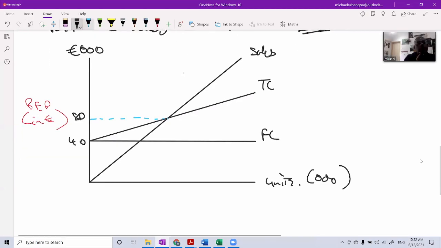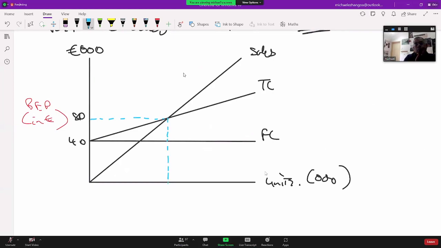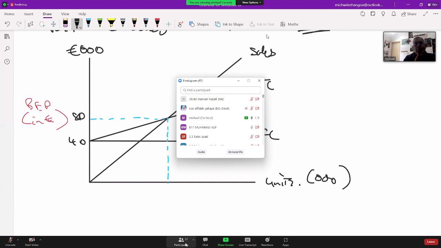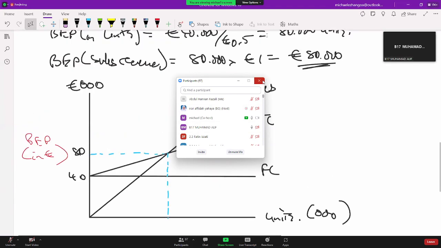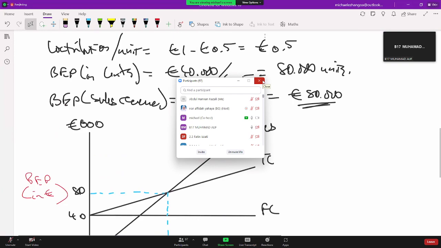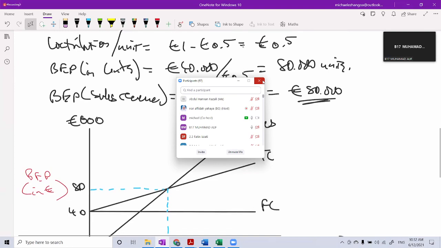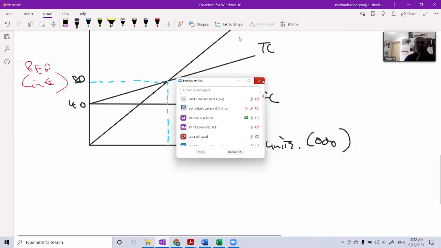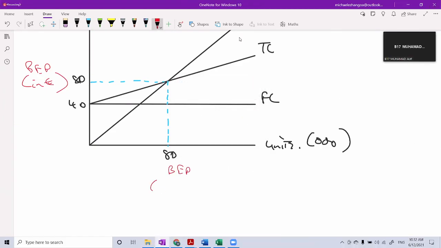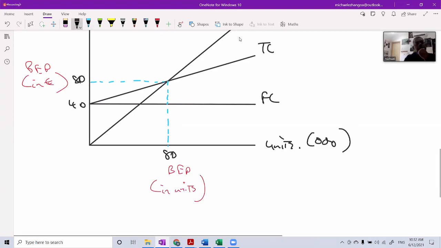Over here is 80,000 units also. And this is the break-even point in units.